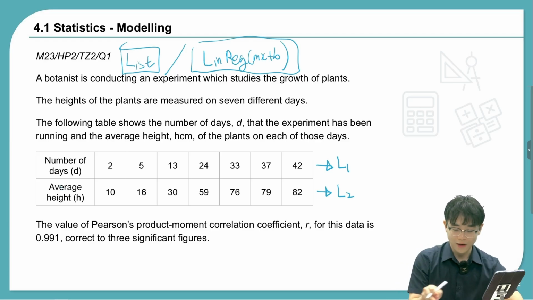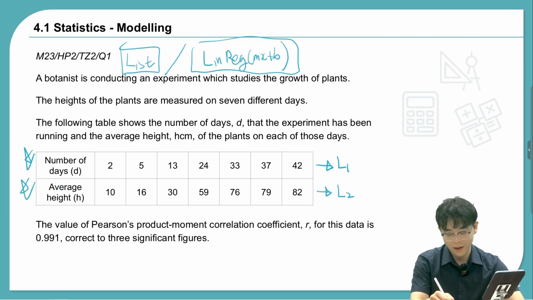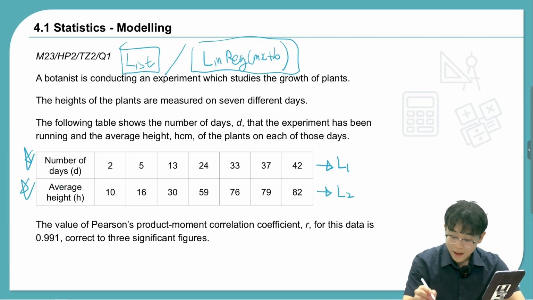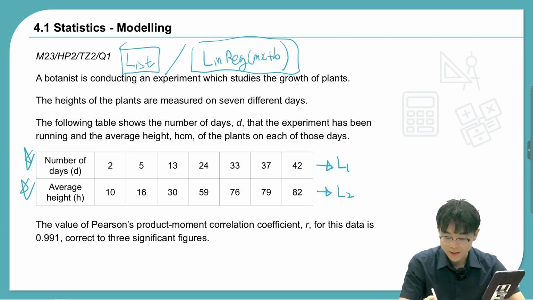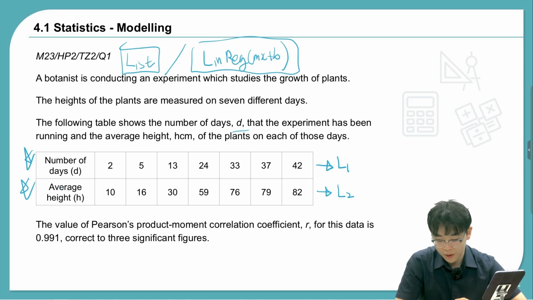So without even looking at what the question is asking, I know I'm going to have to enter in these values. And by the looks of it, it says the number of days is used to predict the average height. So it's like how many days have passed versus what's the height.